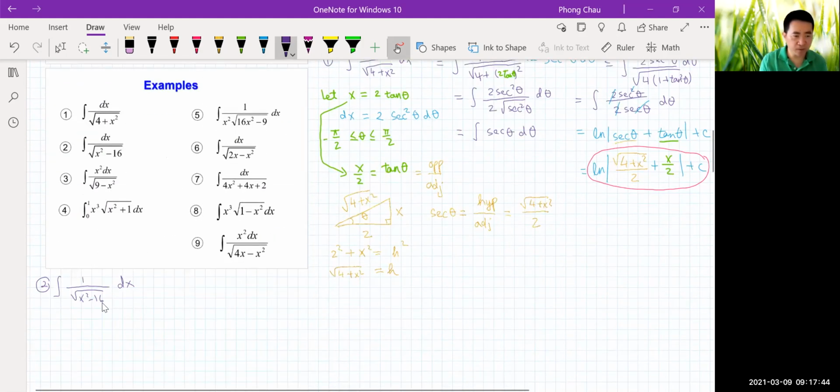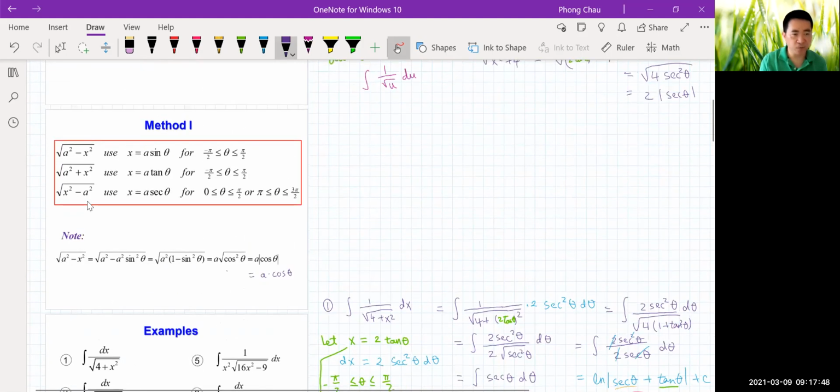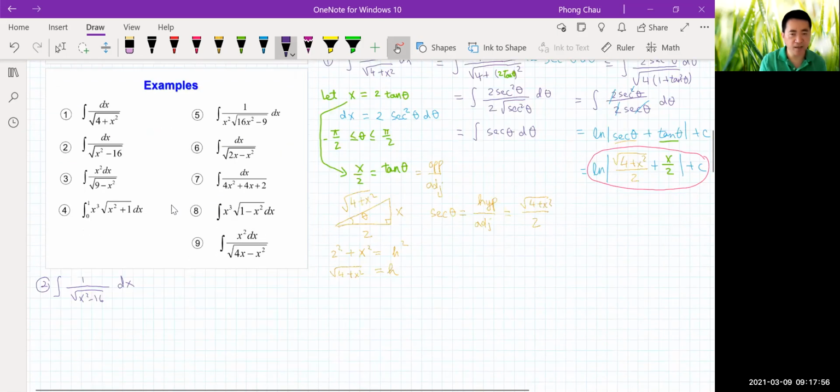See, that one's x squared minus 4 squared. So we got 4, x squared minus 4 squared. So we let x be a times secant. So that means we will let x be, a is 4, times secant theta.